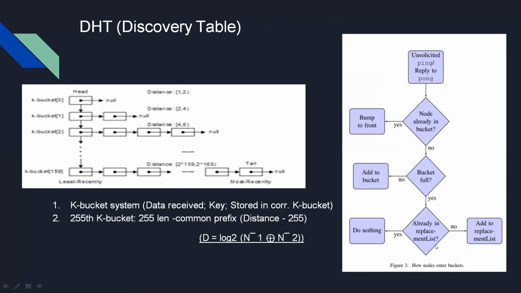There is a replacement list, which, when the corresponding k-bucket is full, the node will be placed in. One more thing to note, DevP2P pings the last node in every k-bucket every 5 seconds. If this node doesn't respond, then the last node in the k-bucket is removed and the replacement list node is added.